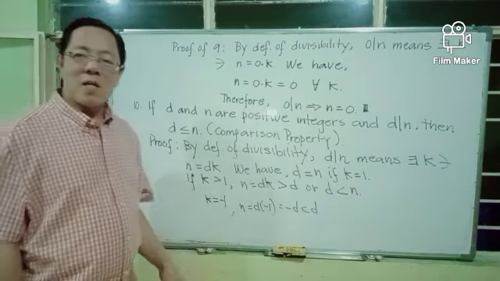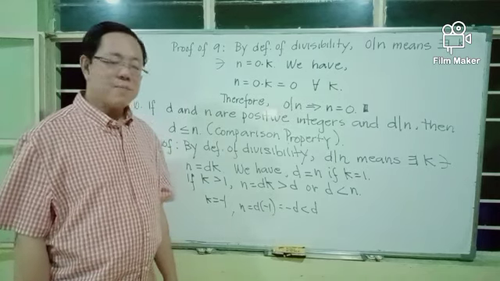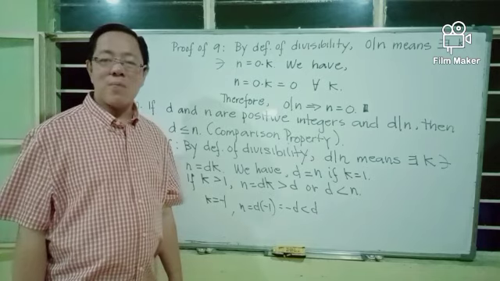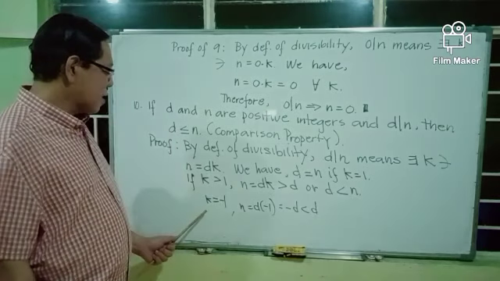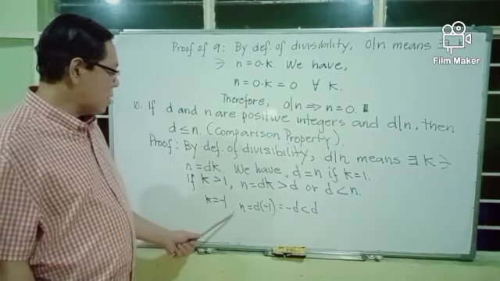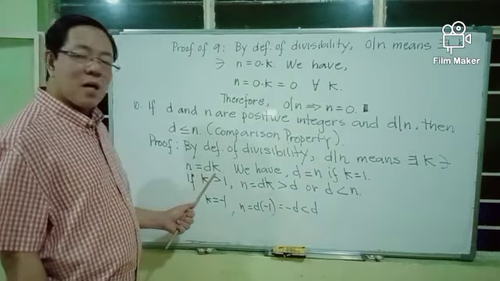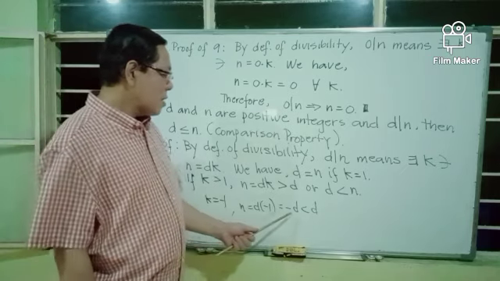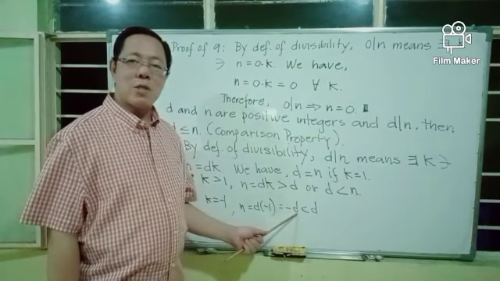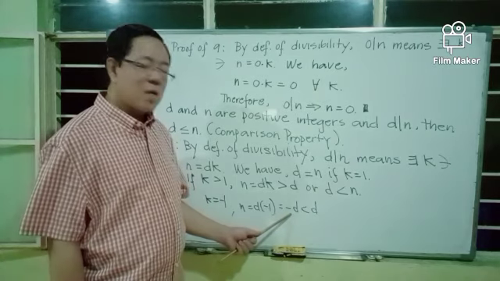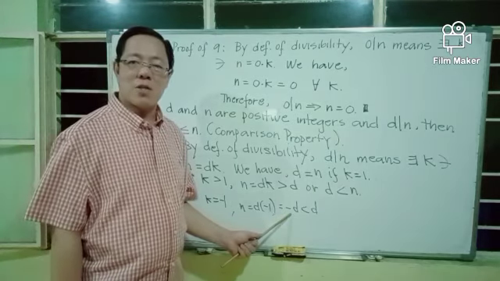Now we consider values of k less than positive 1, and we check if that is possible. Say k is equal to negative 1, you would get n equals d times k, which equals negative d. And d is a positive integer. If you multiply the positive integer d by negative 1, that becomes a negative integer.